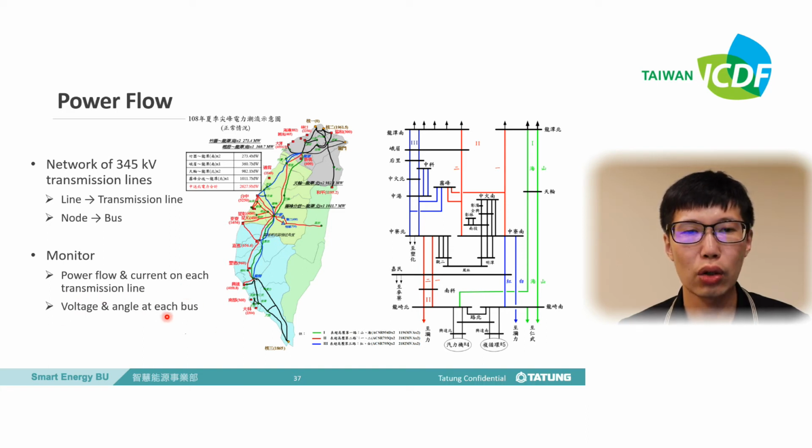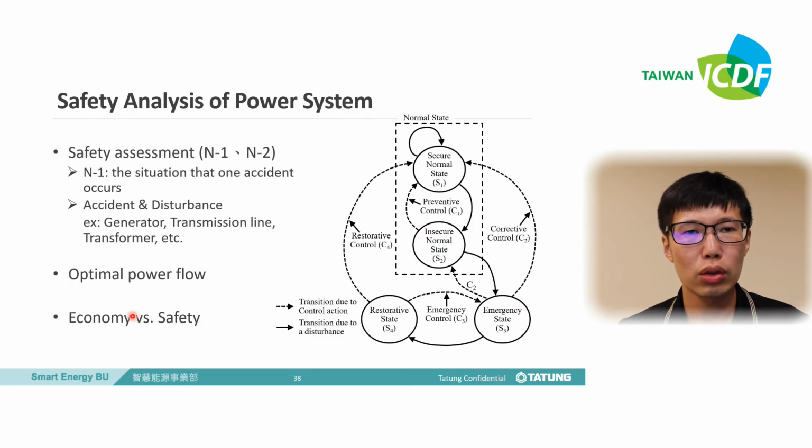And the bus voltage and angle should also be in a reasonable range. But how does the operator know the system is safe? It will simulate. It will assess the safety of the power system, considering N-1 or N-2 situations.